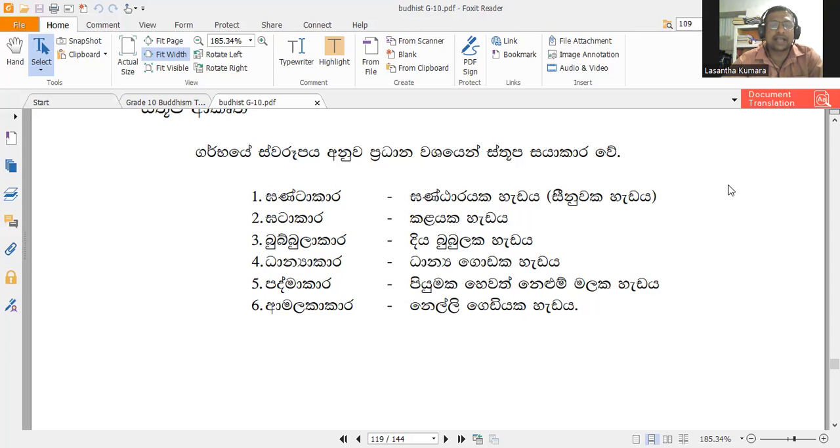Then Gatakara is the shape of a water pot. Then Bubbulakara is the shape of a water bubble. Then Dhanyakara is the shape of a heap of harvested paddy.